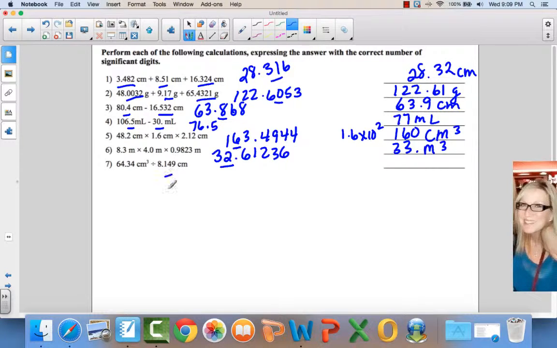And I get 7.89544. Keeps going. 4 sig figs would be to the 5. 4 is less than 5, so we don't round on this one. 7.895. Alright, and that's it. I hope that was a quick, short review of sig figs.